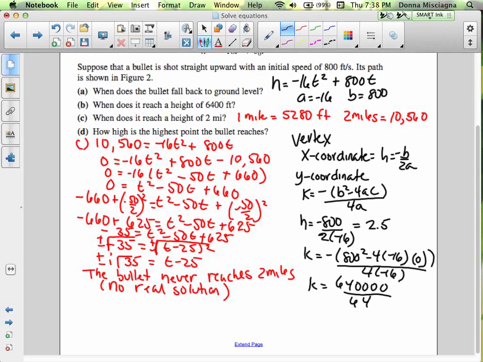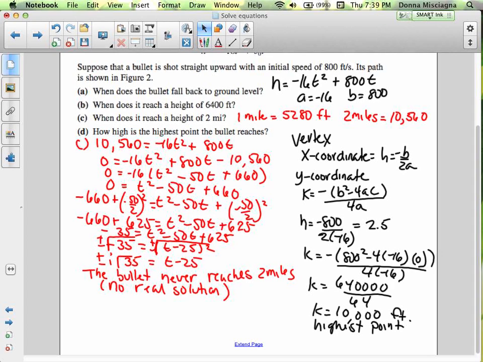So k is equal to 10,000 feet. That's our highest point. So the highest point that the bullet reaches is 10,000 feet. If its highest point is 10,000 feet, there's no way you could go 10,560 feet. So here's some applications of the quadratic formula. Thanks for watching, and bye for now.